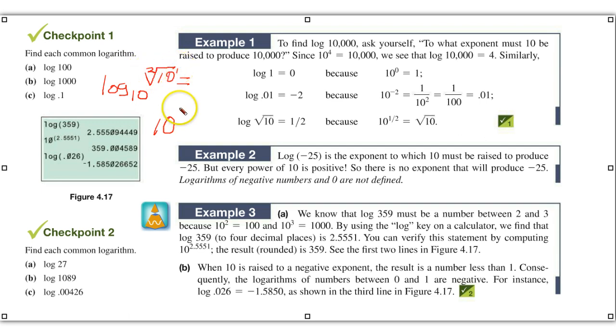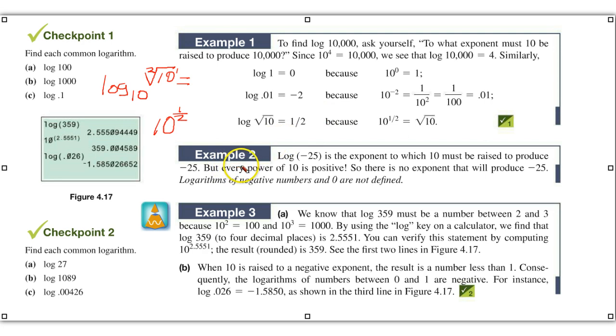We don't write the 1. This is to the 1/2 power. So therefore, we get this. Log base 10 of the square root of 10 is 1/2. I wish they would use these diagonal lines to show their fractions, but of course that's how they're doing it.